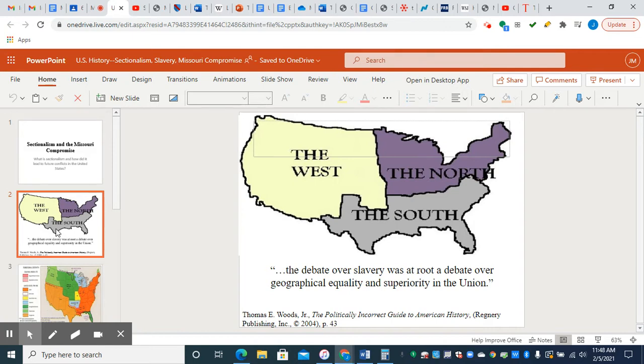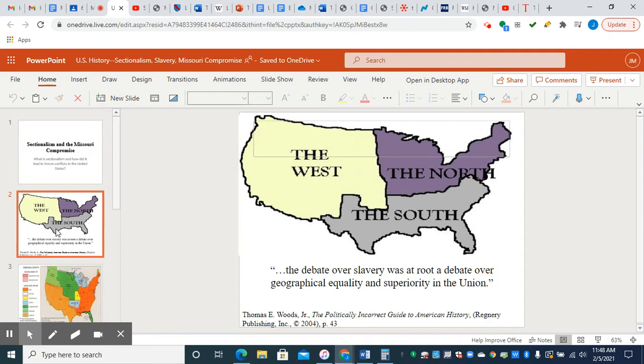And why it came down to slavery is because in the United States, slavery became the focal point of which section of the Union was going to become dominant. Okay, so there are slave states and free states.